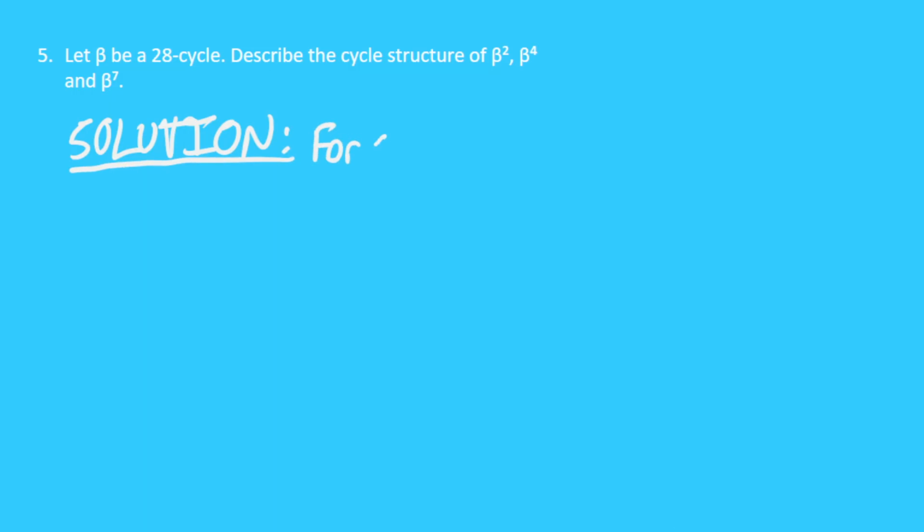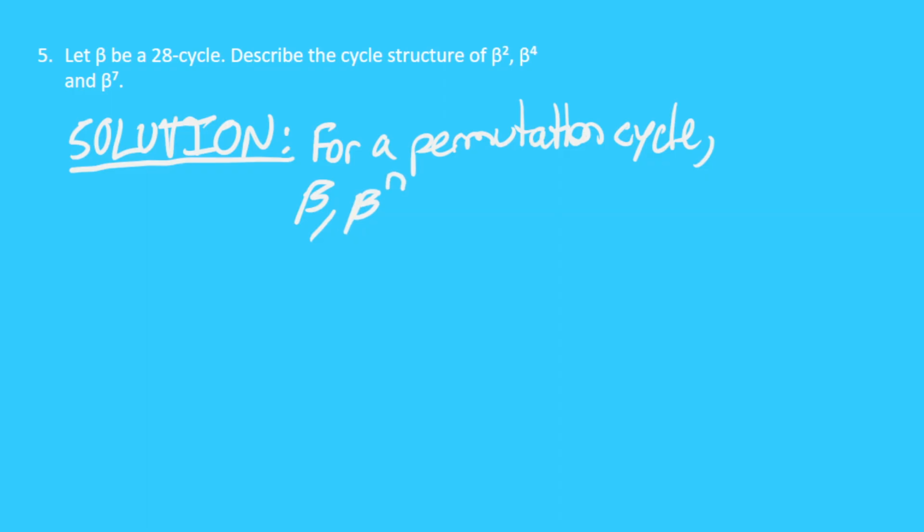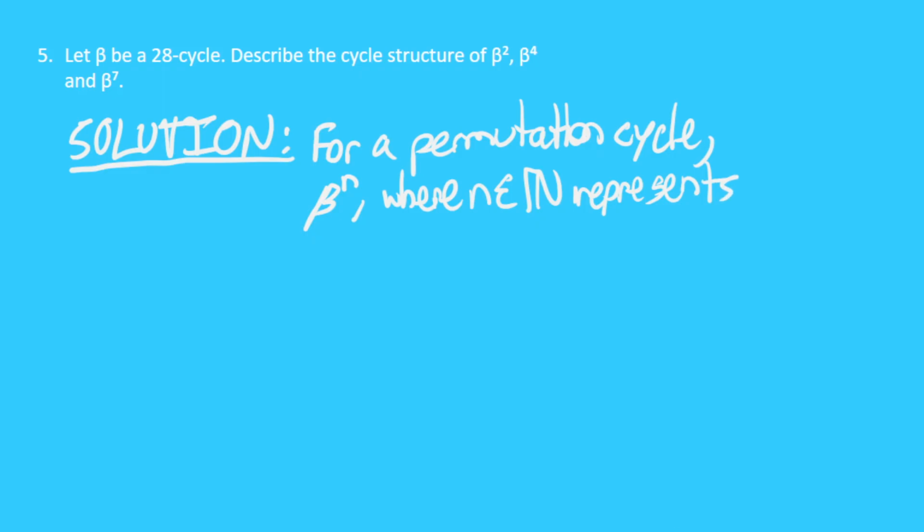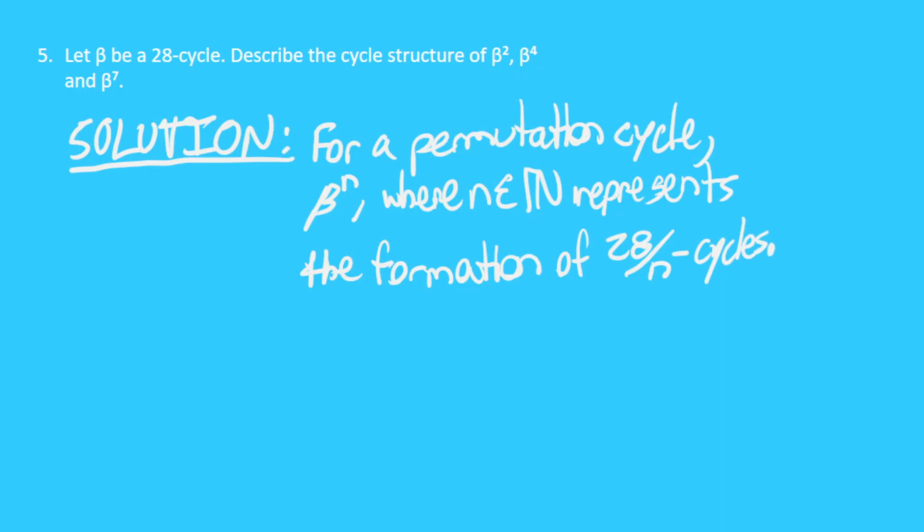So for a permutation cycle, let's call it beta, raised to n, where n is a natural number, this represents the formation of 28 divided by n cycles that make it up.